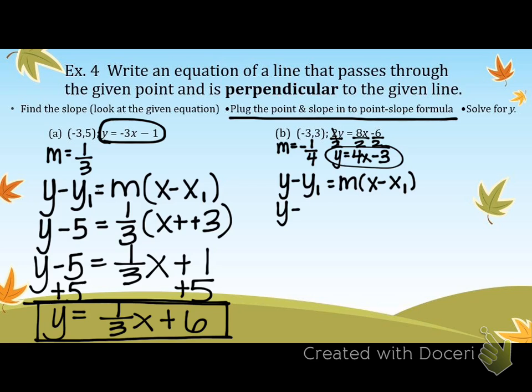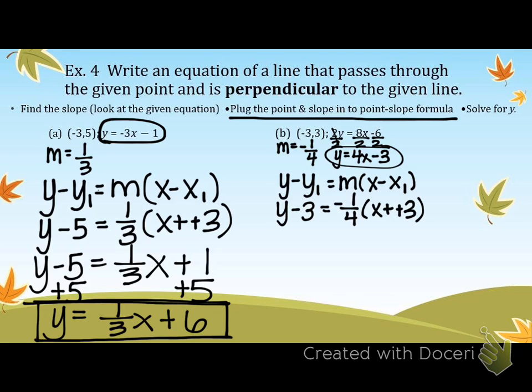So y minus, Trevin, what is the y coordinate of the point they gave us? Our slope is negative 1/4 times x minus, what is the x coordinate? Negative 3, which is, okay, positive, which is a double negative making a positive.